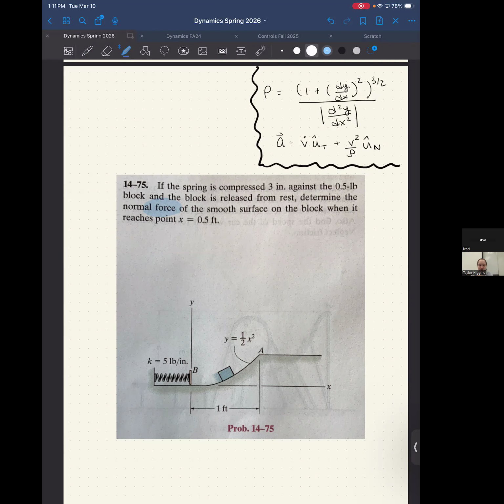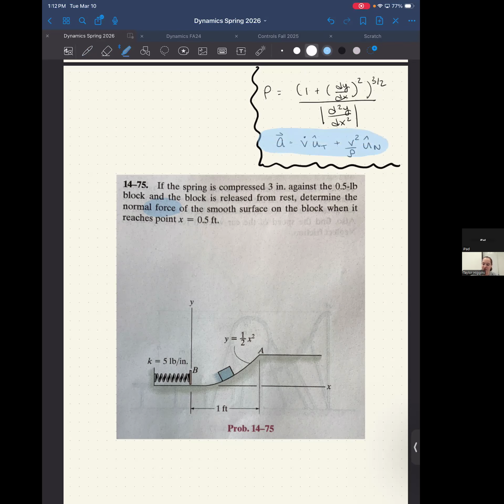Another key thing here, when we start to think about sum of forces equals mass times acceleration, we need to think about what coordinate systems make the most sense here. It turns out that it will be easiest for us to write accelerations in terms of a normal and tangential coordinate system. Actually, I don't need to write this for you because I already wrote it up here.